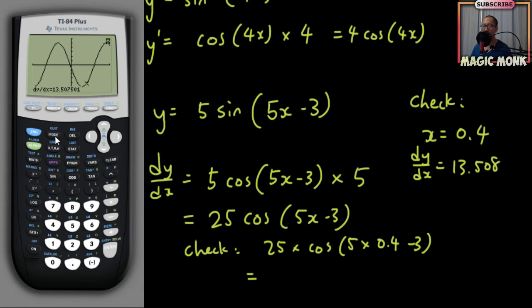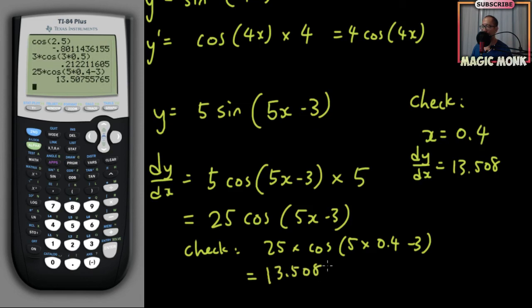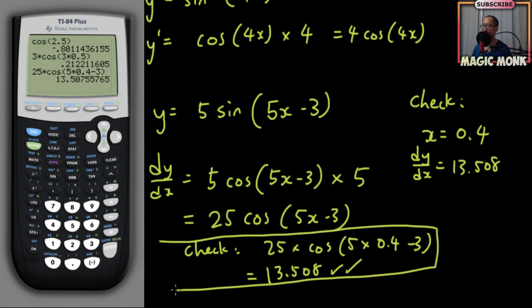So let's go 25 times cosine bracket 5 times 0.4 minus 3, and we've got it correct. So this is the checking. Checking is optional, right? This is the optional bit. You don't need to write this. This is what's the correct answer.